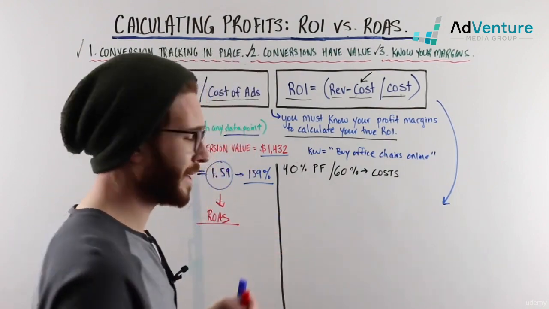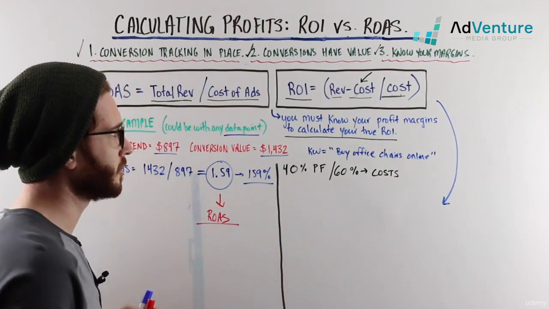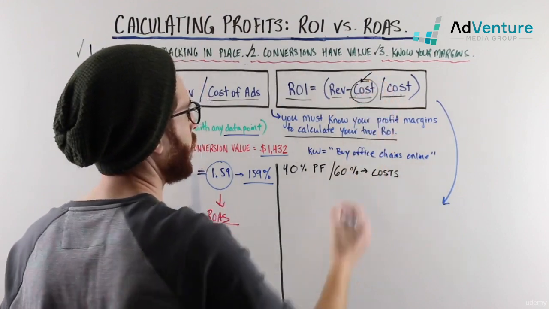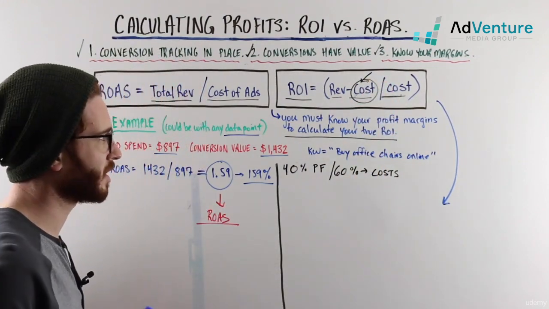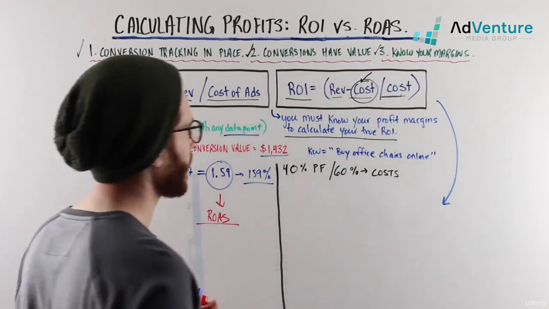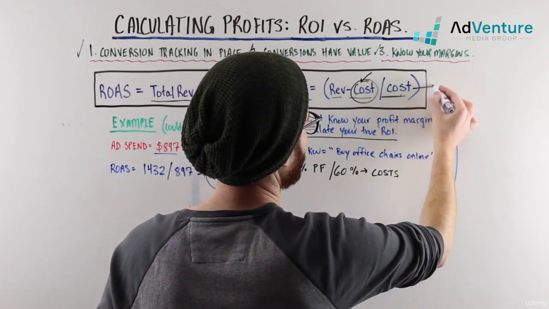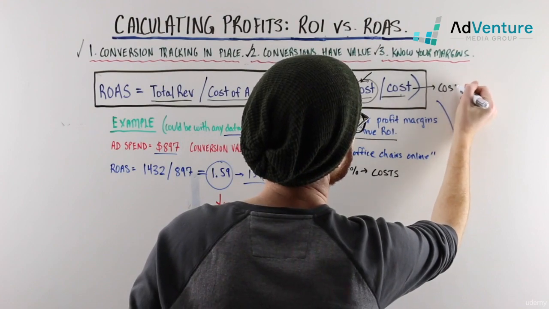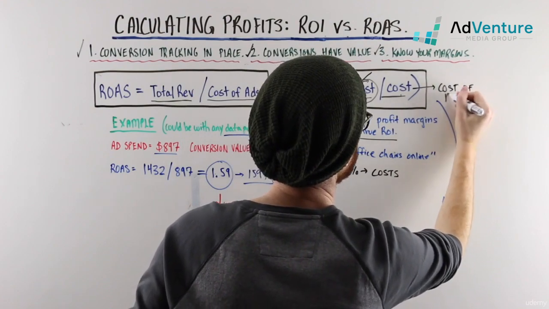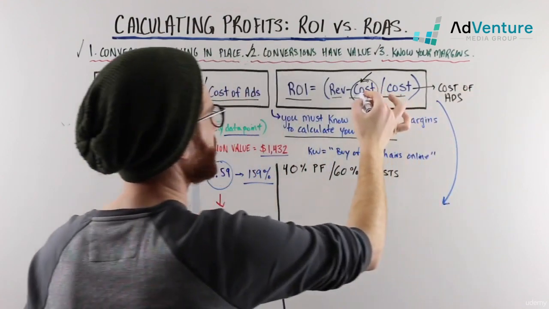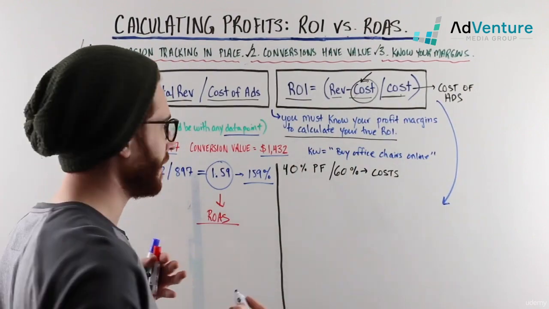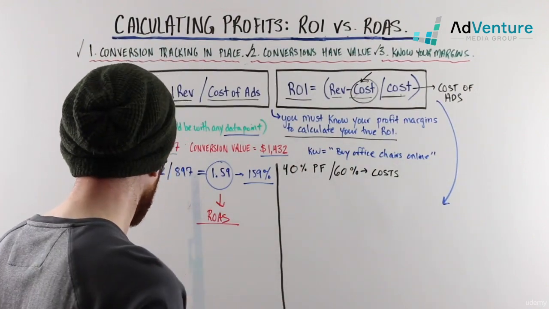Now, I want to do the same exact mathematical calculation. The first thing I need to do is figure out this number here. What is my cost to the business? And just for clarity's sake, this divided by cost is really cost of ads. This cost is the cost of doing business. So I do the same thing.